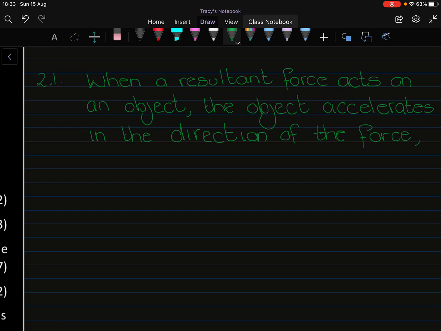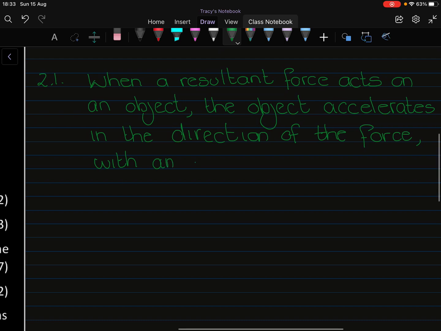Now be careful, with an acceleration. Please don't leave out this part, with an acceleration, because I see it quite often where you go accelerates in the direction of the force and it's directly proportional to, and that doesn't, you're telling me the force is directly proportional to things, so that doesn't make sense.